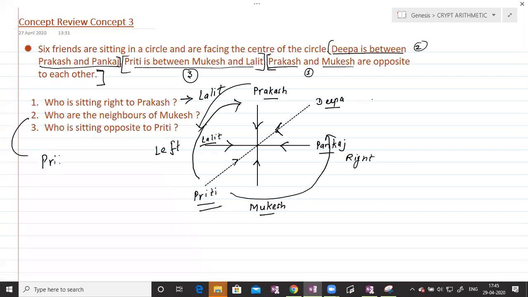Preeti and Pankaj. Next, who is sitting opposite to Preeti? Opposite to Preeti, Deepa. Right? So, Deepa.